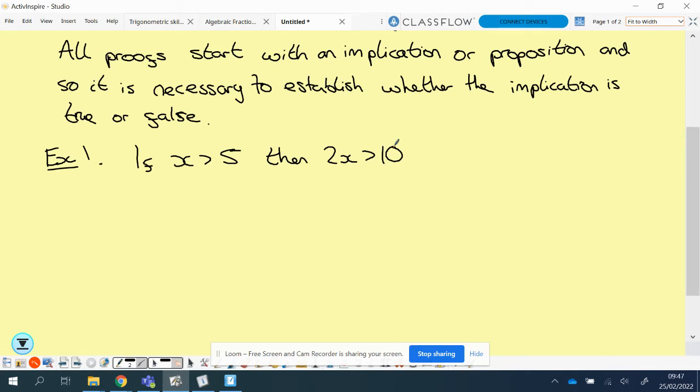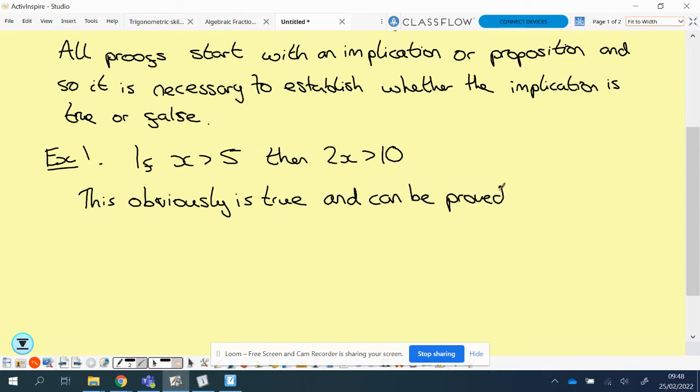Now, you can see this is obviously true, and it can be proved by solving 2x is greater than 10. If we solve that inequality, dividing both sides by 2, we end up with x greater than 5, which is what we started off with. So that's obviously true.